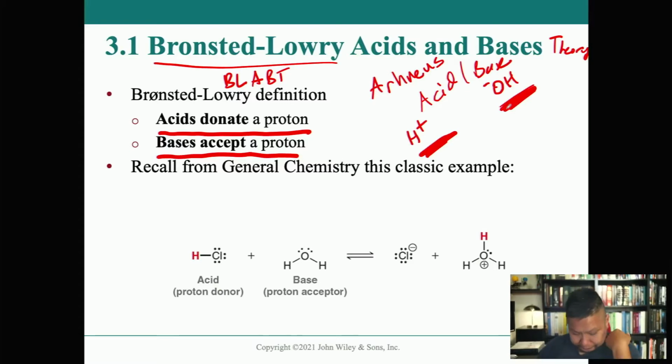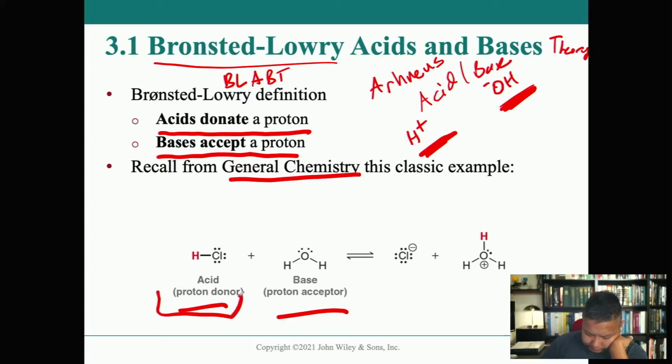So if you recall from general chemistry, in this example here, the acid is the proton donor, and the base is the proton acceptor. And you can actually see some electron pushing occurring here. I have to remind you of the electron pushing because we've been doing it in the previous lectures for resonance.